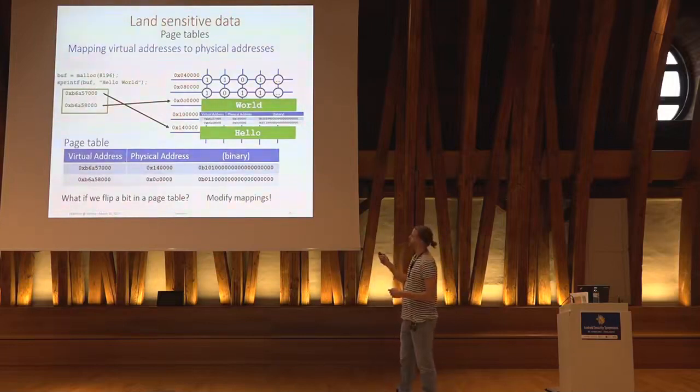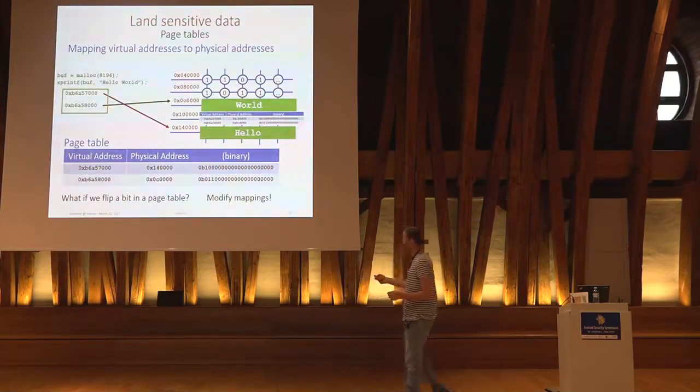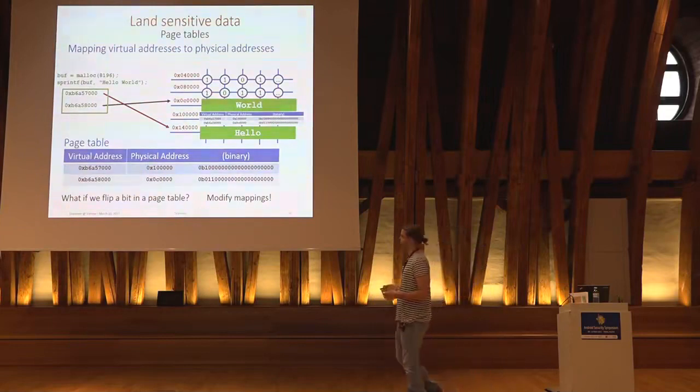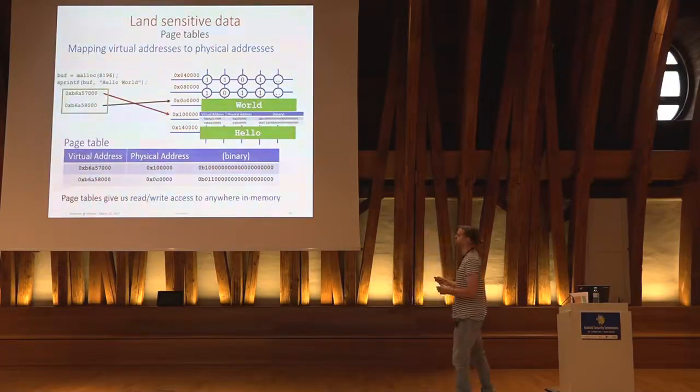We can modify mappings, and for example, let's flip this 1 here into a 0. What happens is that the physical address is no longer 14000, but 10000. So the mapping that was pointing to hello is no longer pointing to hello, but is now pointing to a page table, to our own page table.